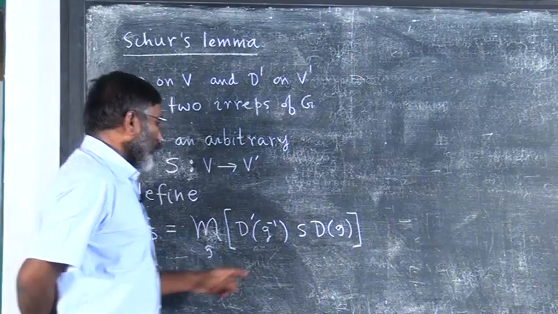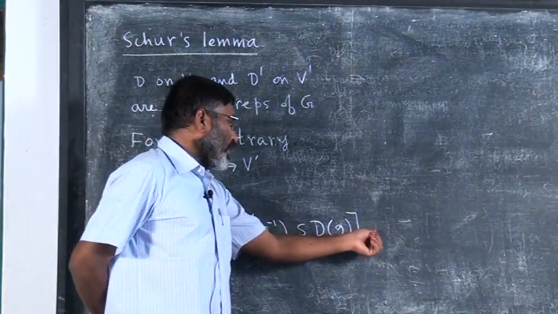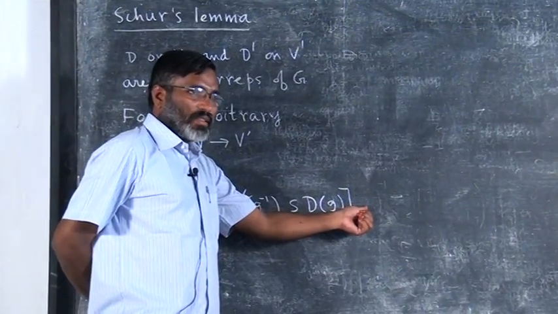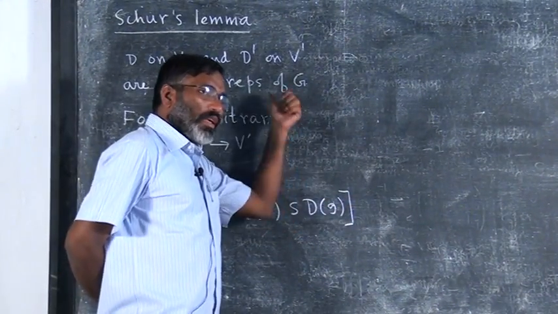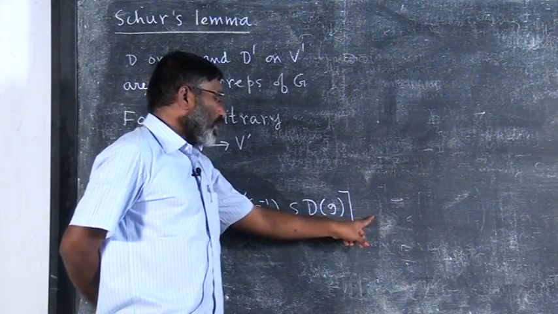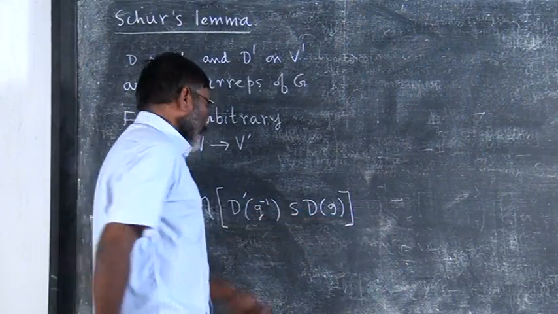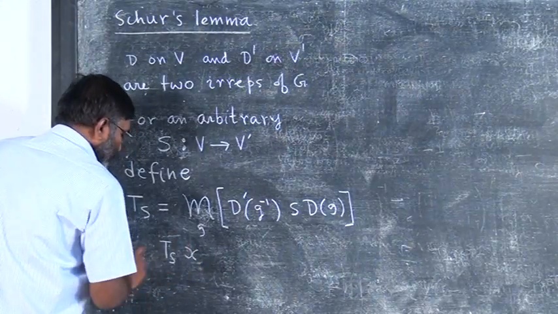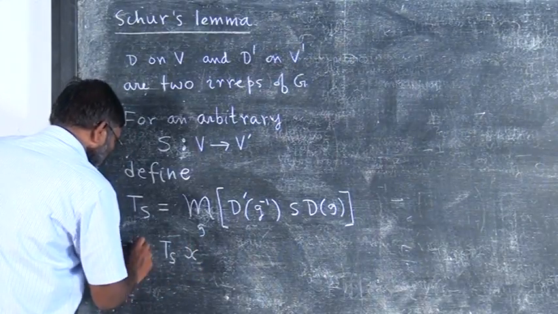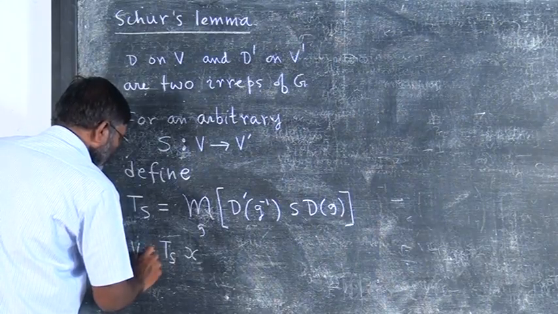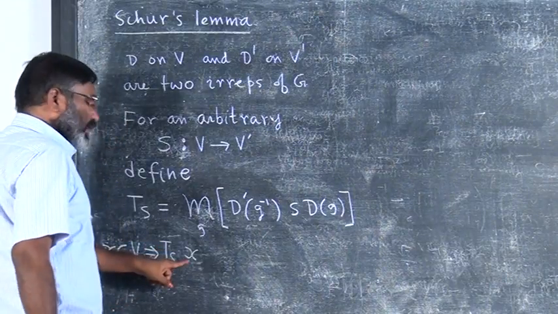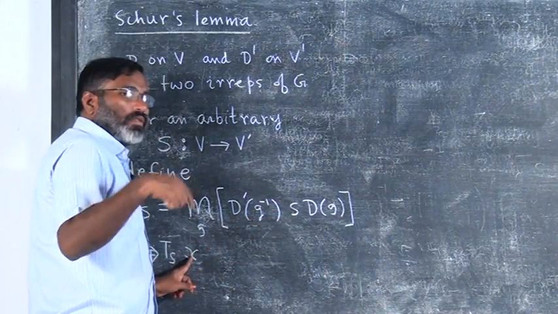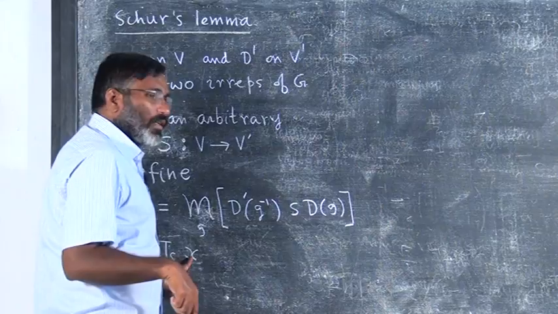Now suppose you operate this on an element X of V. D(g) operating on X will give an element in V only.